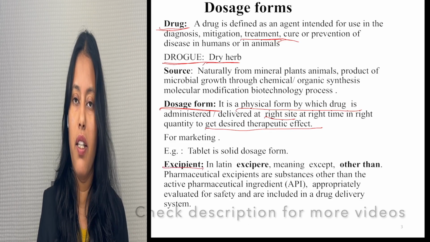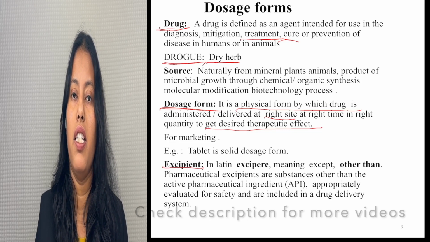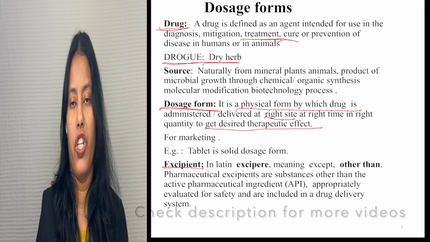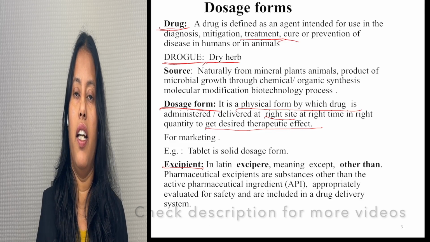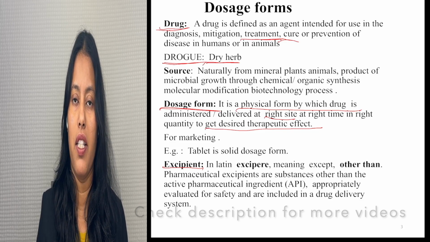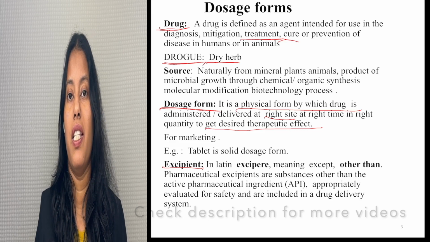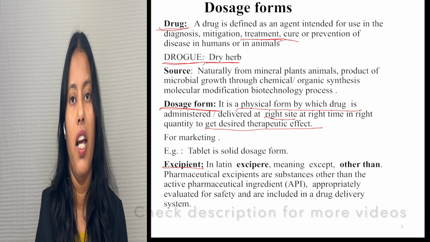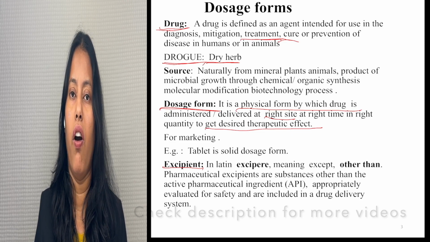Now you have the excipients. An excipient is the other-than-drug part. Whenever you prepare a formulation, you add the drug and other ingredients, which are called excipients. These excipients should be safe to use. They should not interact with the drug material, and should not impair the stability of the product.